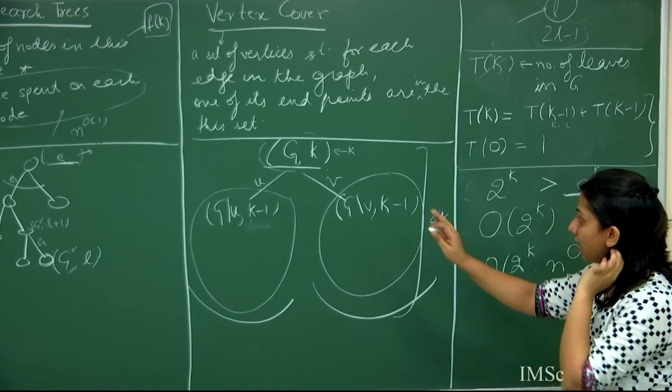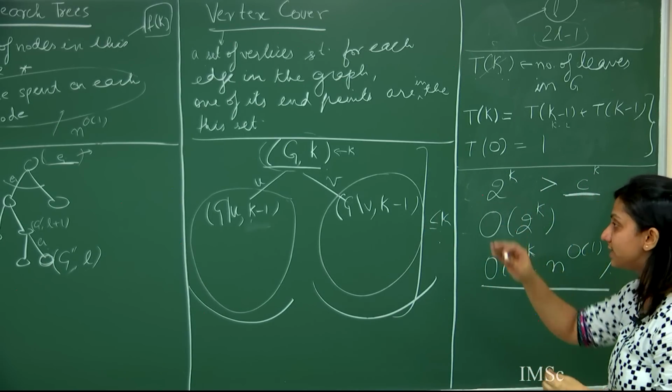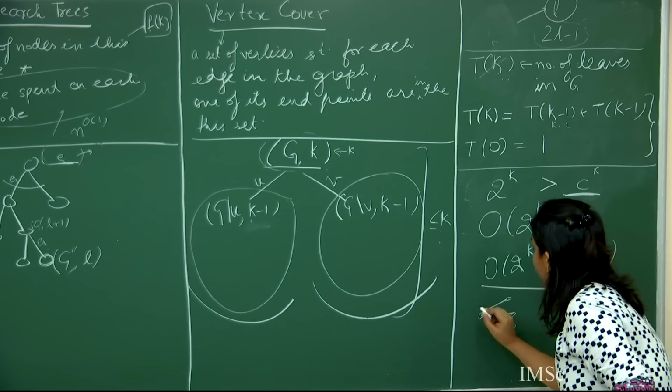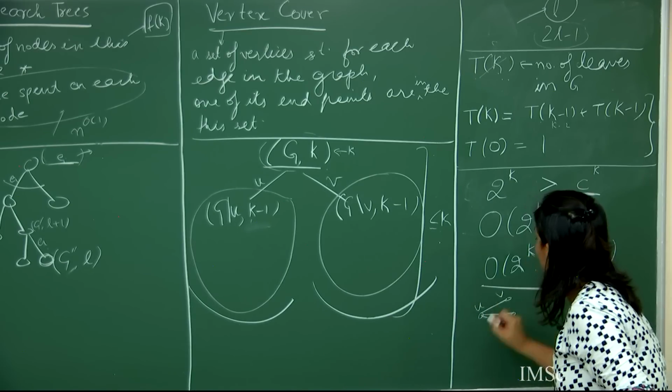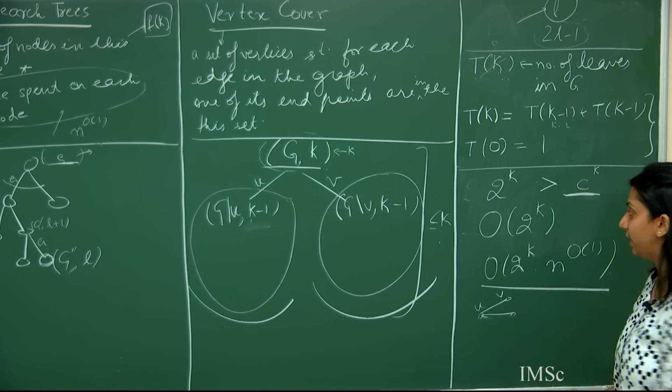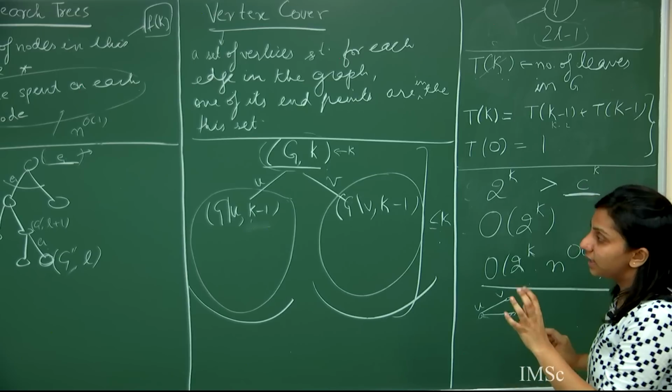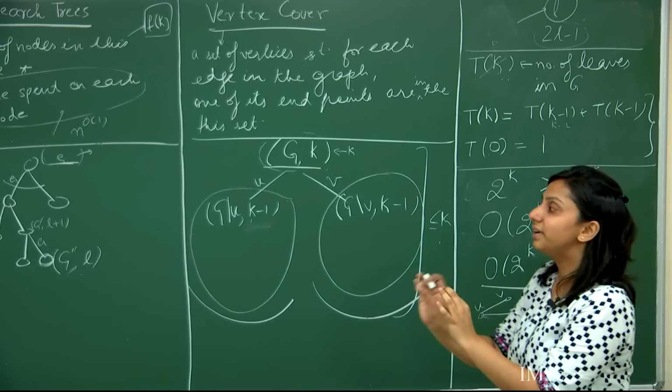Again, what is it that we have? There is some edge UV in your graph. Again, your set is S, and you're going to branch, but we'll see a different kind of branching now.